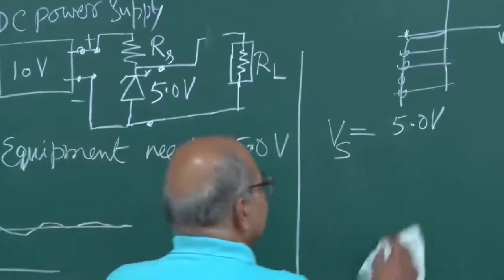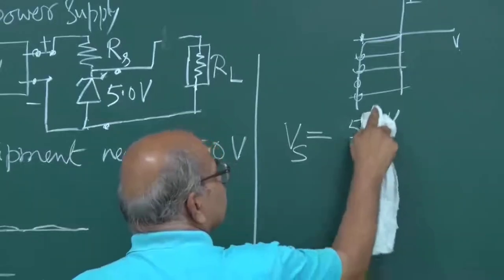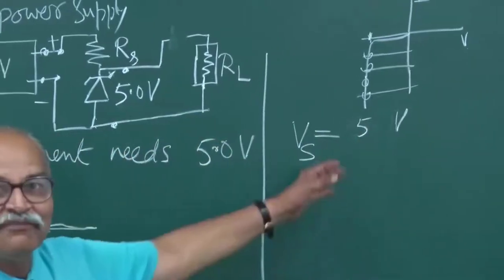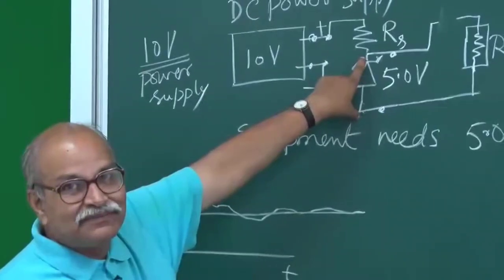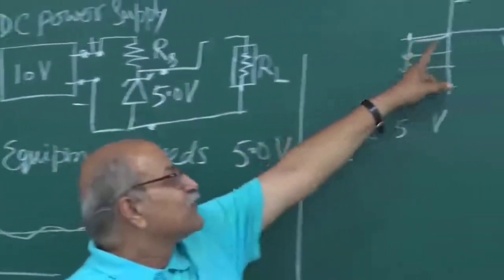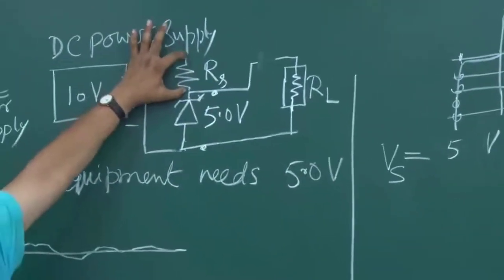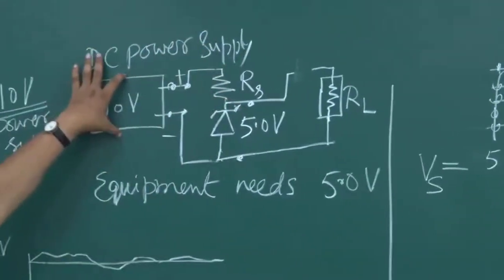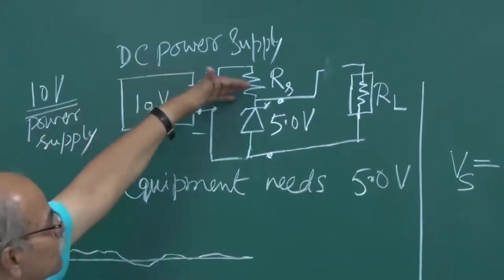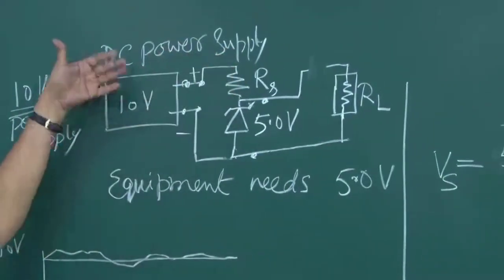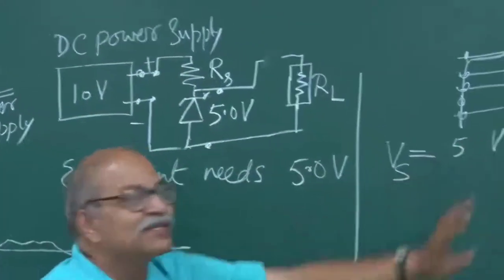Why not 5.0? Because for the Zener it is fixed 5.0, that comes from this characteristic. But this voltage fluctuates with the power supply. If the power supply goes to 10.1, this will go to 5.1. If the power supply goes to 9.9, this will go to 4.9. So I should not write 5.0 here.